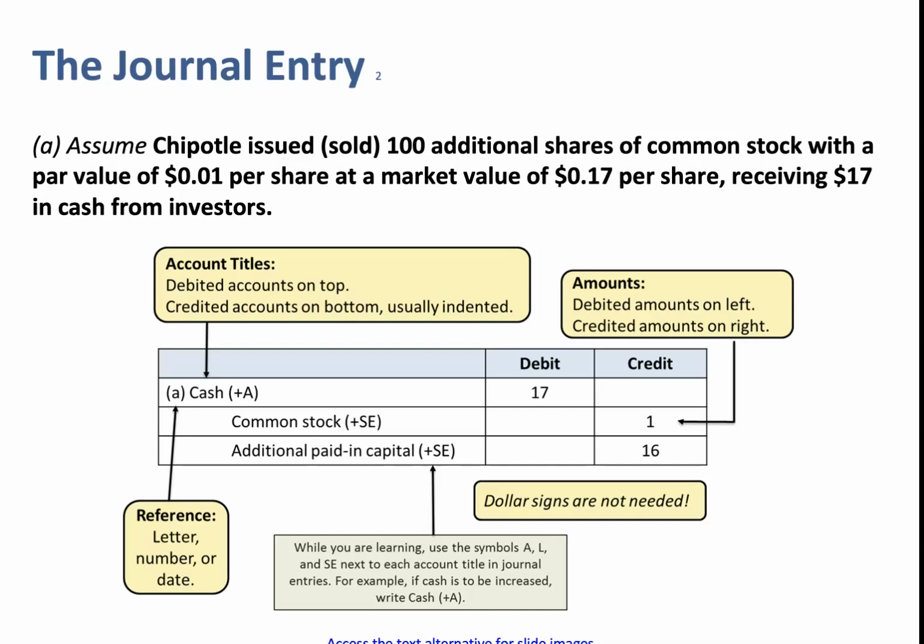For example, when Chipotle issued new stocks, which consist of a par value and a premium that the investor pays in the market, the journal entry will have debit cash, credit common stock, and additional paid in capital. When you understand the language of accounting, you can read this entry as an illustration of Chipotle issuing new stocks with $17 cash receipt and issued common stock and APIC.